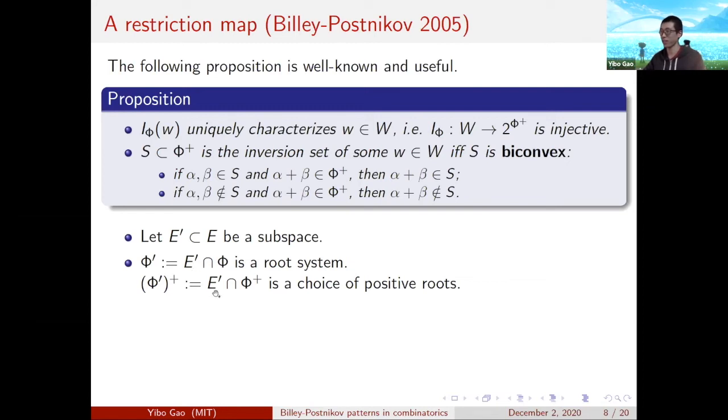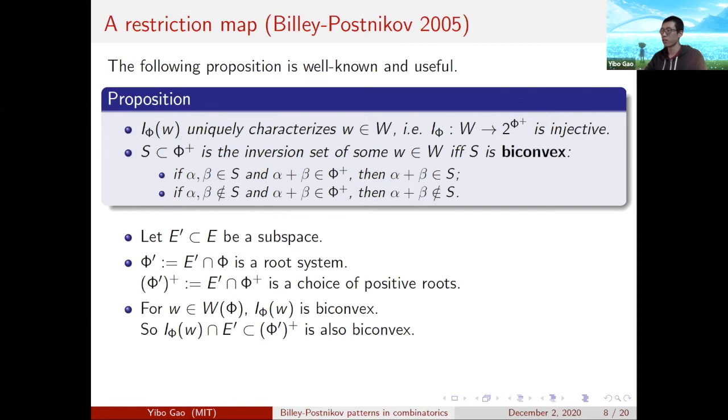If I intersect with only the positive roots, I get a set of positive roots. Correspondingly, I also get a set of simple roots, which is not going to be a subset of the larger set of simple roots. But that is fine. When I have W in the larger Weyl group, I know that its inversion set is biconvex.